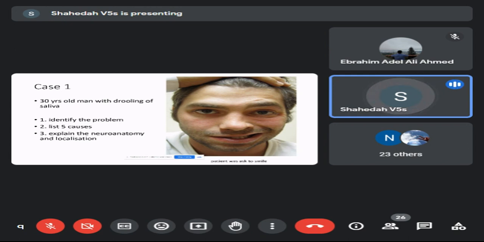So explain the localization. Do you know the localization? Where is the 7th nerve lesion? Basically this lesion is a lower motor neuron lesion. So why does this patient have involvement of both the upper and lower parts of the face?